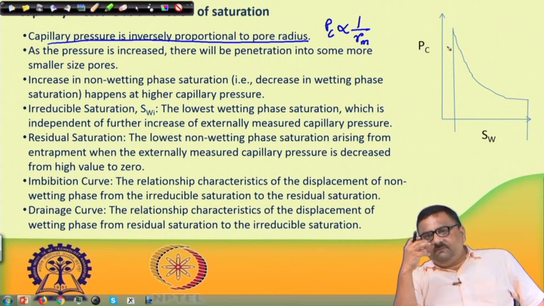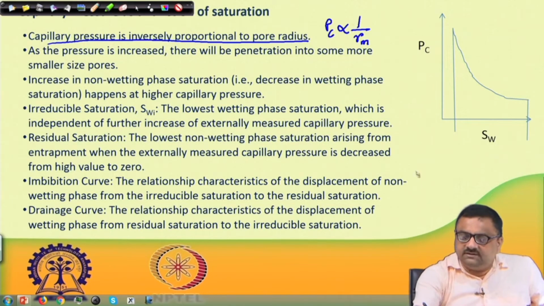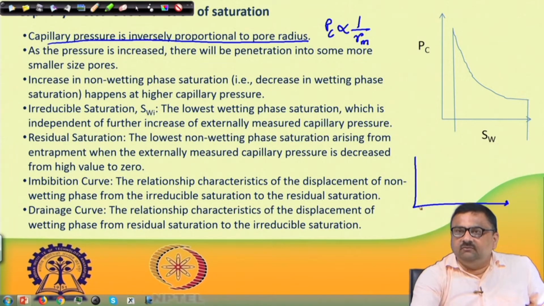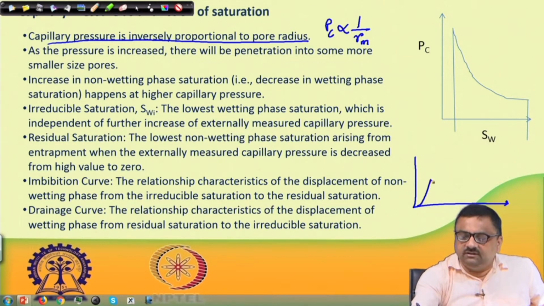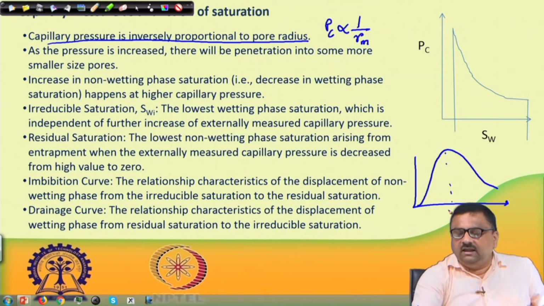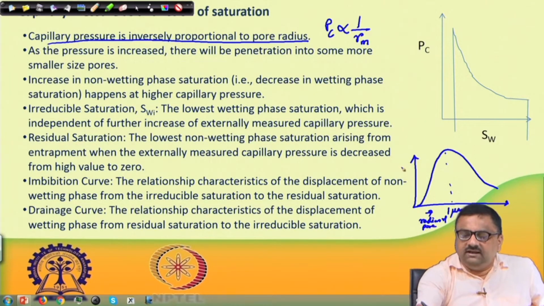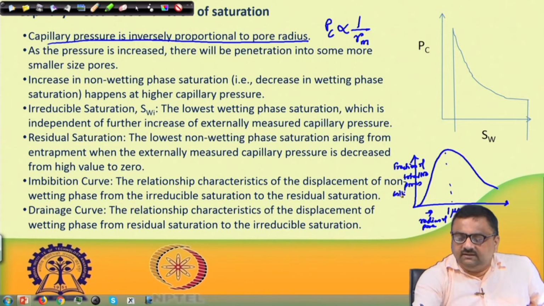So, let us say I think of a porous medium having a pore size distribution. Let us say we have a pore size distribution with the mean about 1 micrometer. The x axis is the radius of the pore and the y axis is the fraction of total number of pores with a given radius.